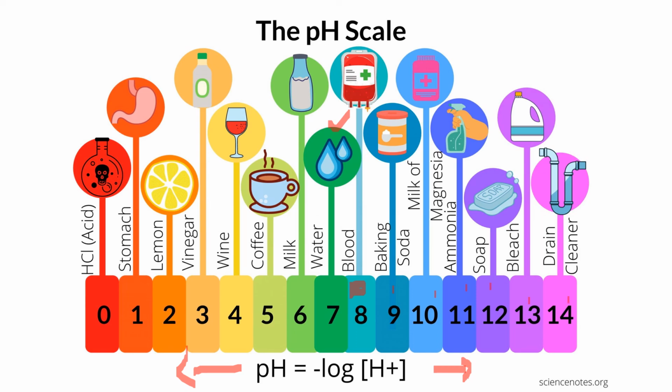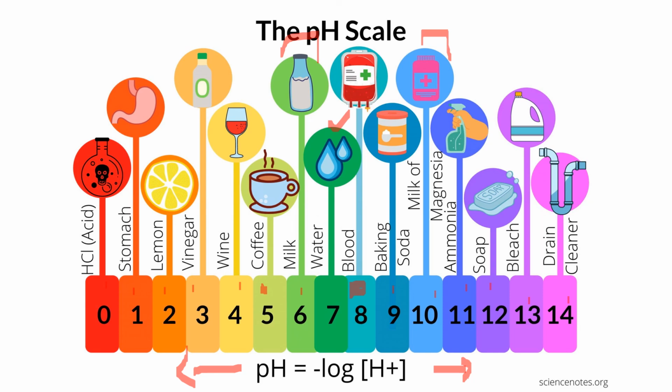At the acidic side you can see here the milk. Now this is the milk of magnesia, and this is normal milk that we drink. After milk is coffee, wine, vinegar, lemon, stomach acid, acetic acid.